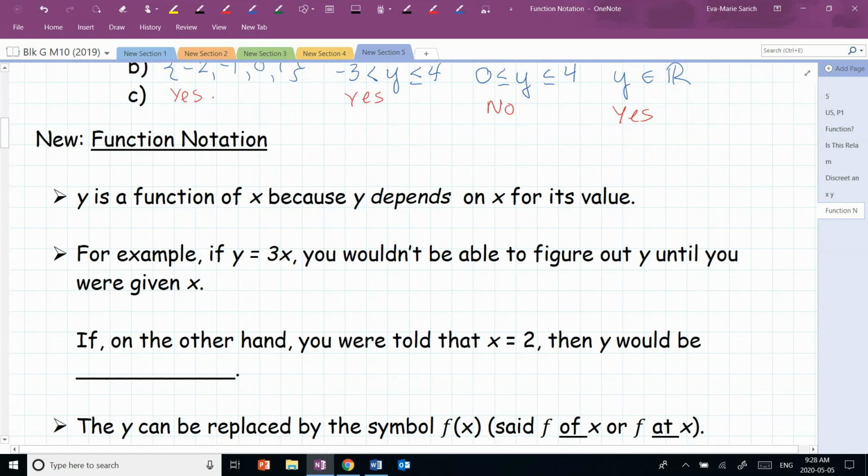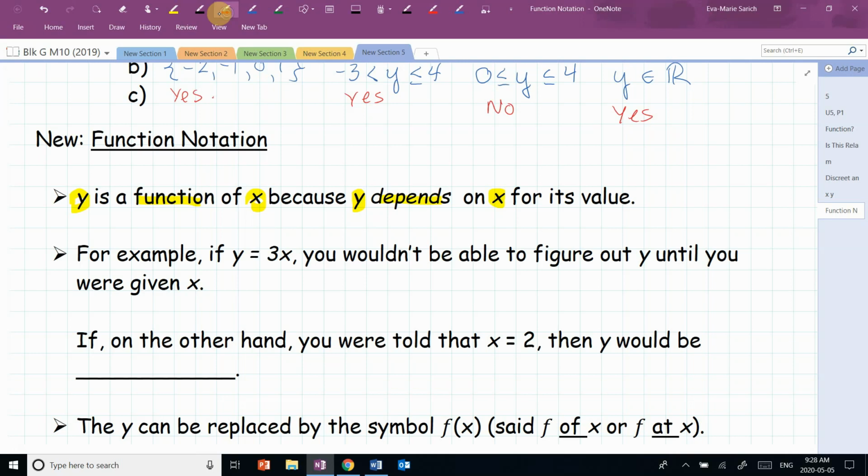Okay, so looking at this, we'll start off with the first statement here that y is a function of x. And that is because y depends on x.